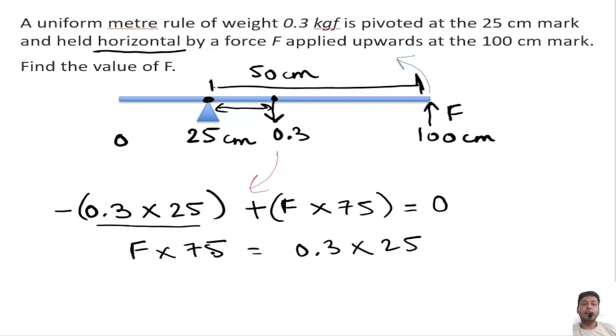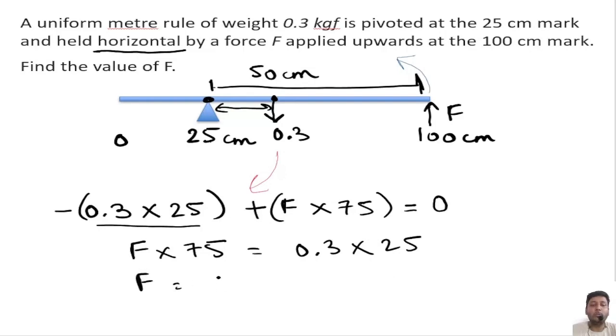Also, if you see, I have not converted centimeter to meter, the SI unit. That is because even if I convert it into meter, it will ultimately get cancelled out. So I'm not converting it. I directly solve it.